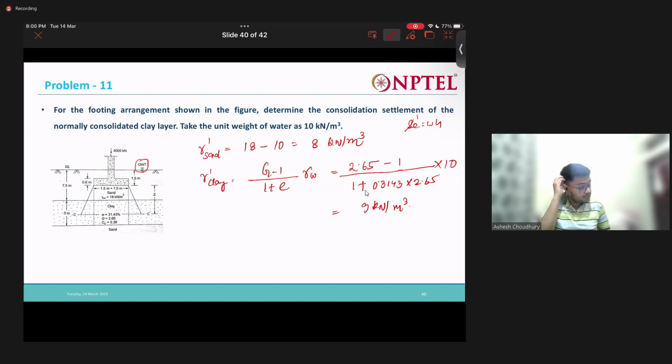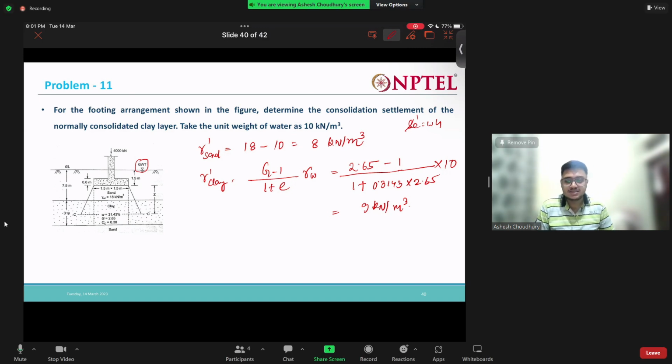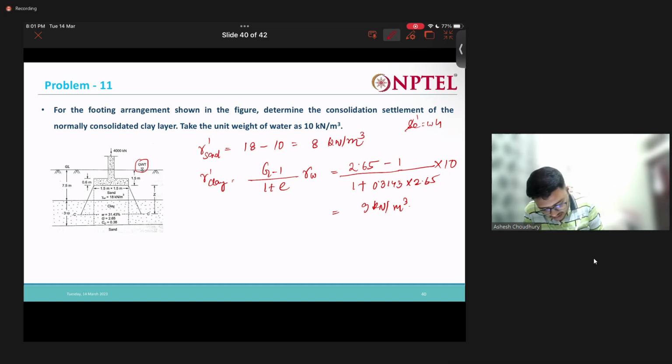Now what did we do in the previous problem? We determined the effective stress at the center of the clay layer. So let us do the same again. What will be the effective stress at the center level?